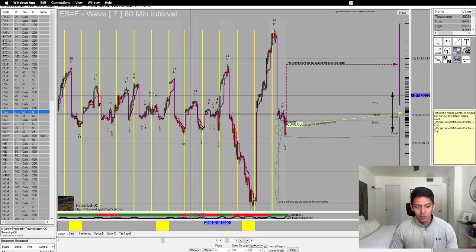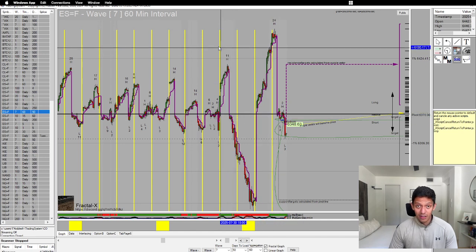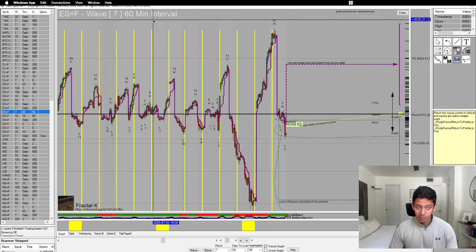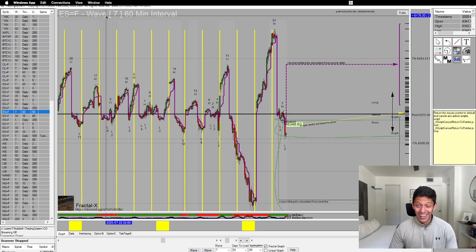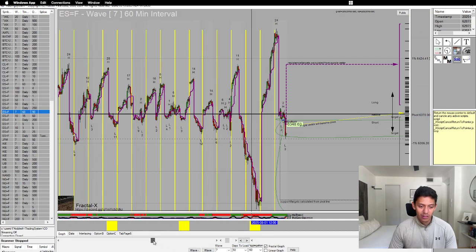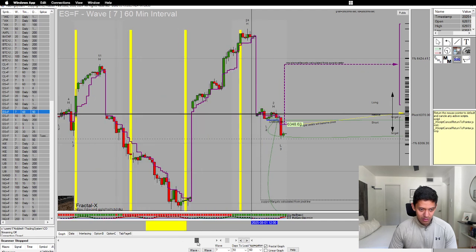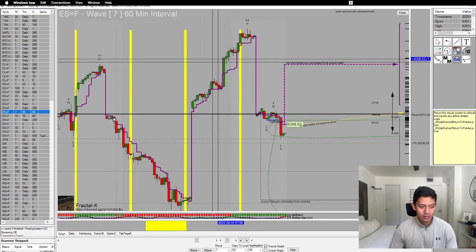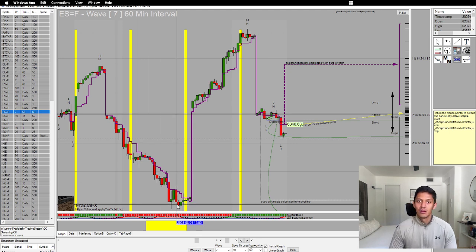Because when you see this up and down, what it's showing us is that on this time frame, according to this selected wave number or length, we have started a long cycle. A long cycle here, short cycle here.